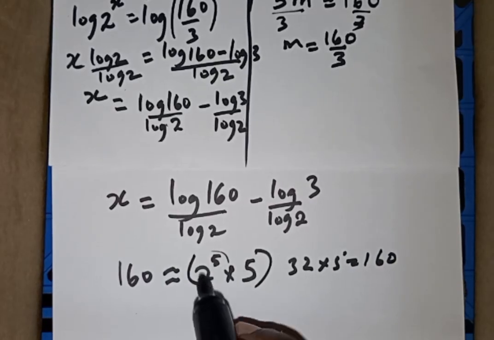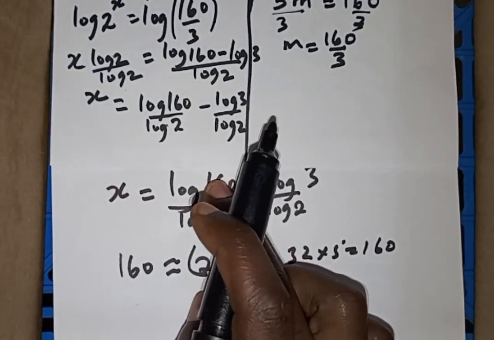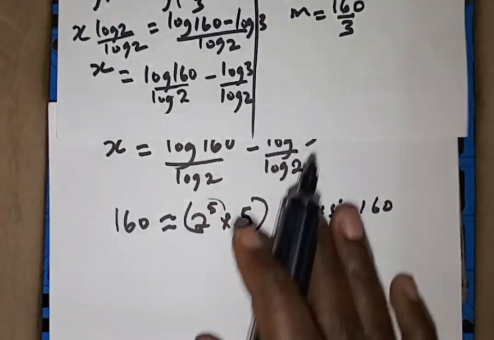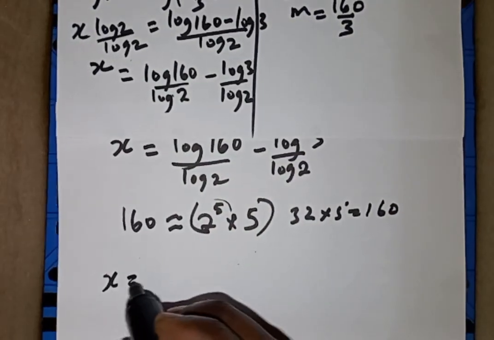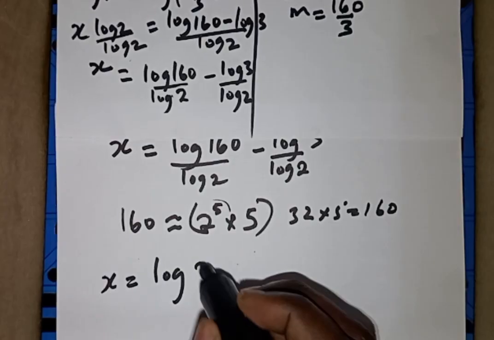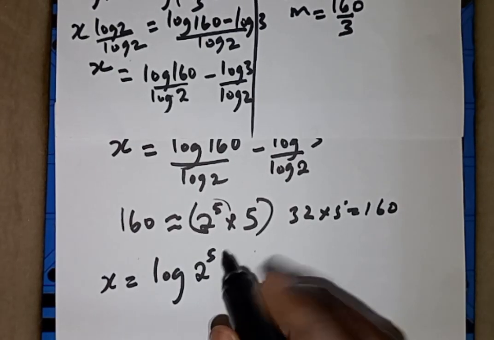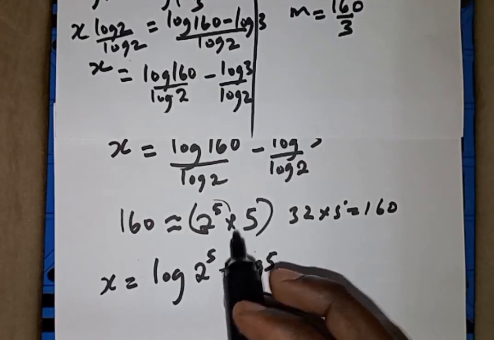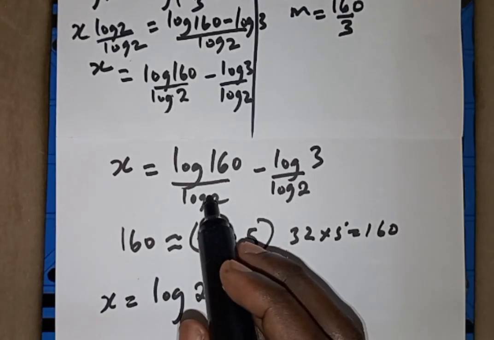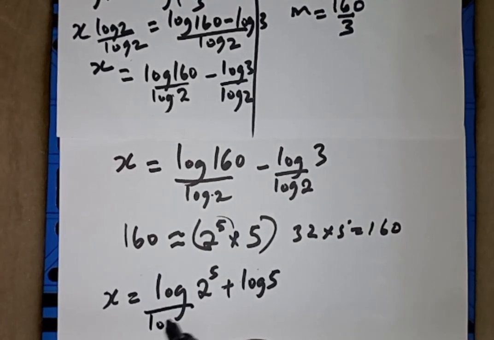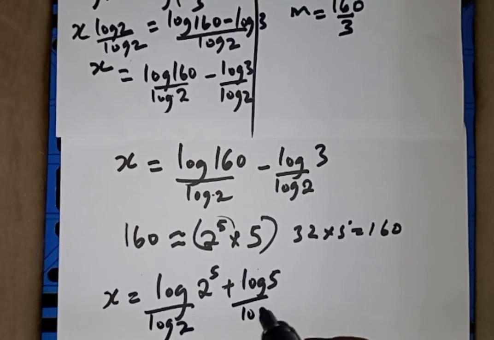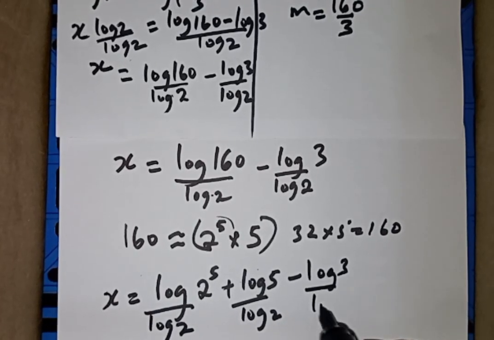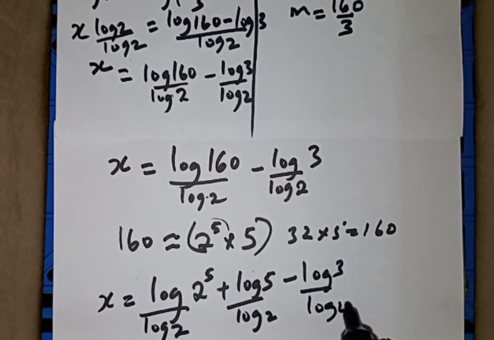When I substitute it here, the equation changes to x equal to the log of 2 power 5 plus the log of 5, since the denominator is the same, divided by log 2, minus log 3 divided by log 2.